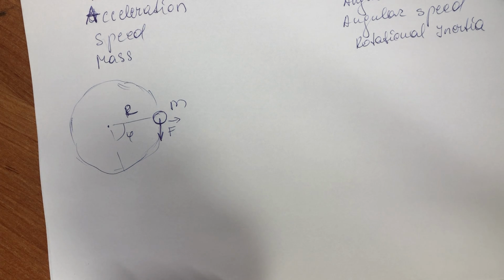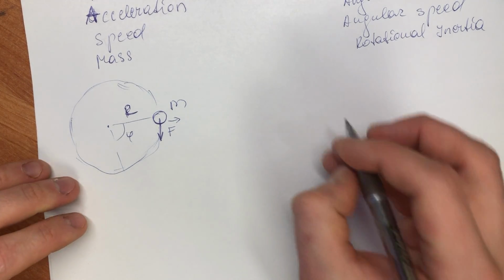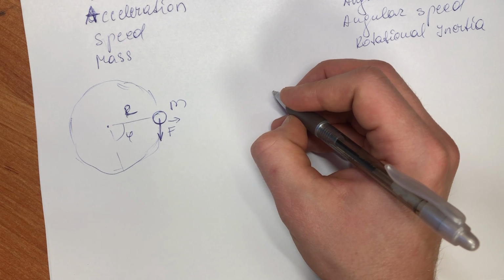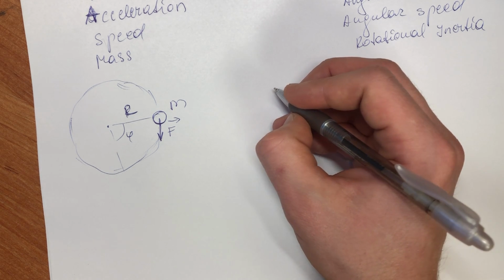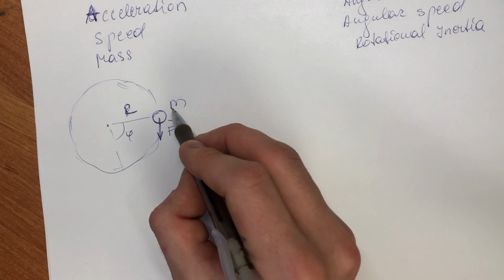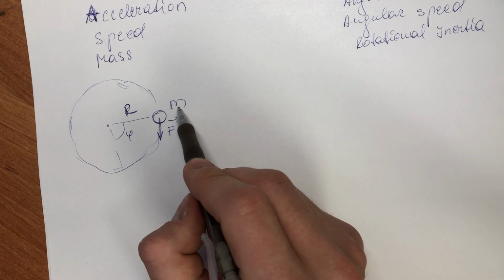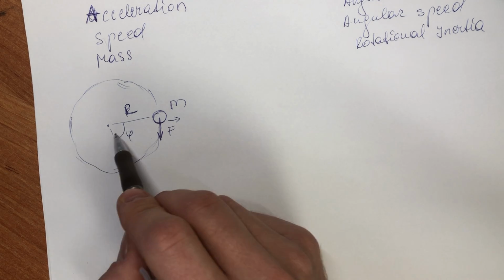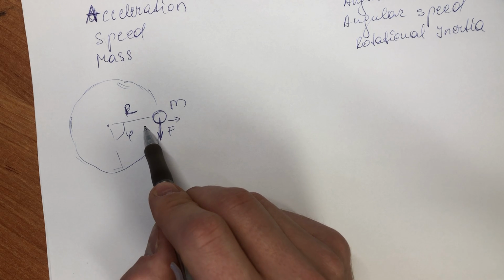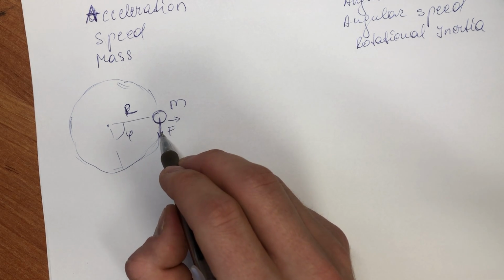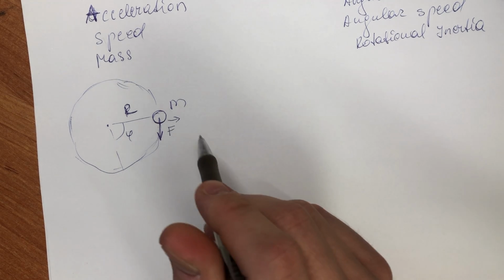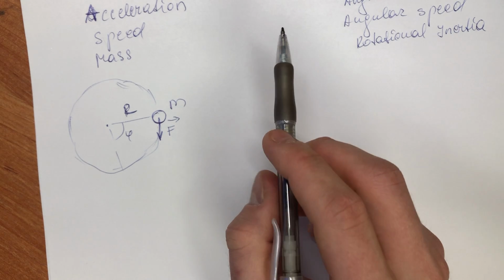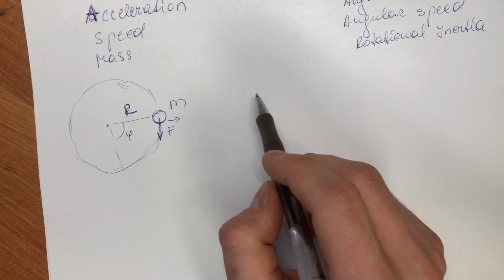We know that mass is traditionally the quantity of inertia, and in rotational motion, torque has the length, the radius, associated with it, because torque is force times r.